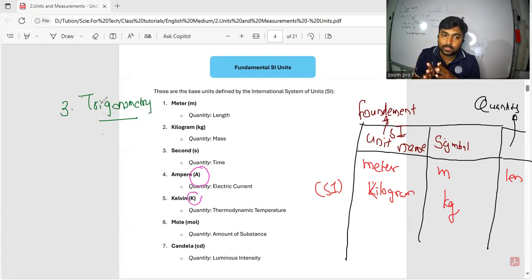Actually this trigonometry lesson is in the second term, but I hope to complete this one.